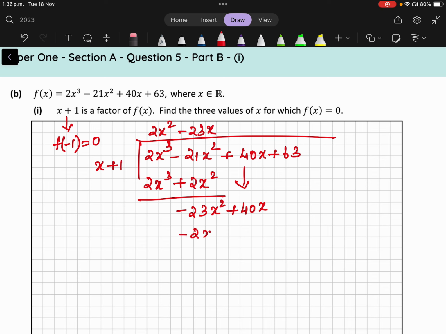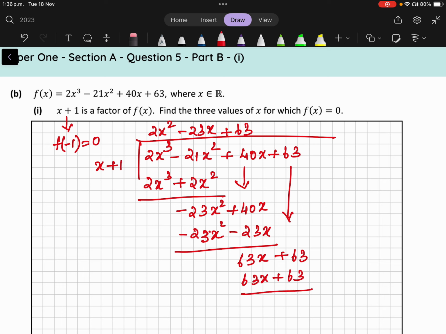So this will become minus 23x square minus 23x. Change the sign and subtract, so that will be 63x. Then you bring the 63 down, so this will be 63x plus 63, and the remainder will be 0.